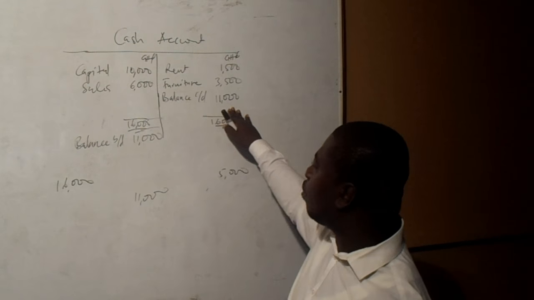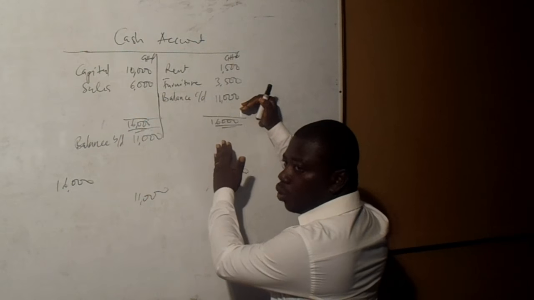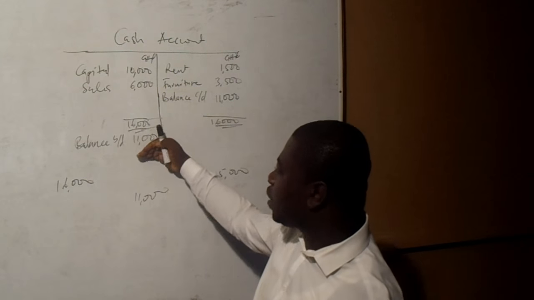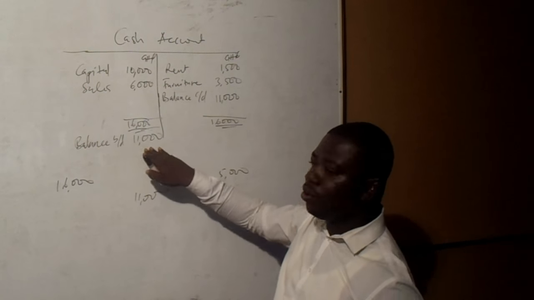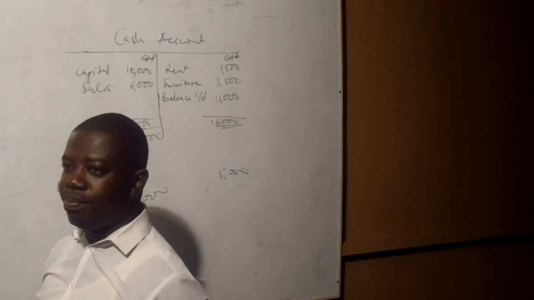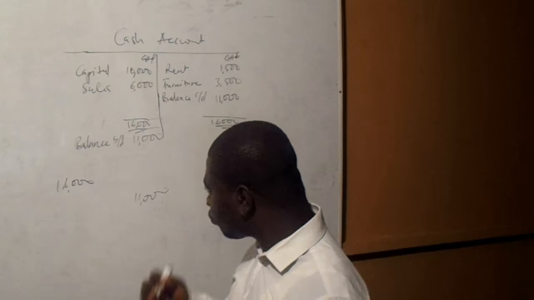The balance carried down is on the side with the shortage, and then we bring the balance brought down to the opposite side, just to say that we are beginning the following period with the balance carried down, starting the following year. So that is basically the difference between balance carried down and balance brought down.